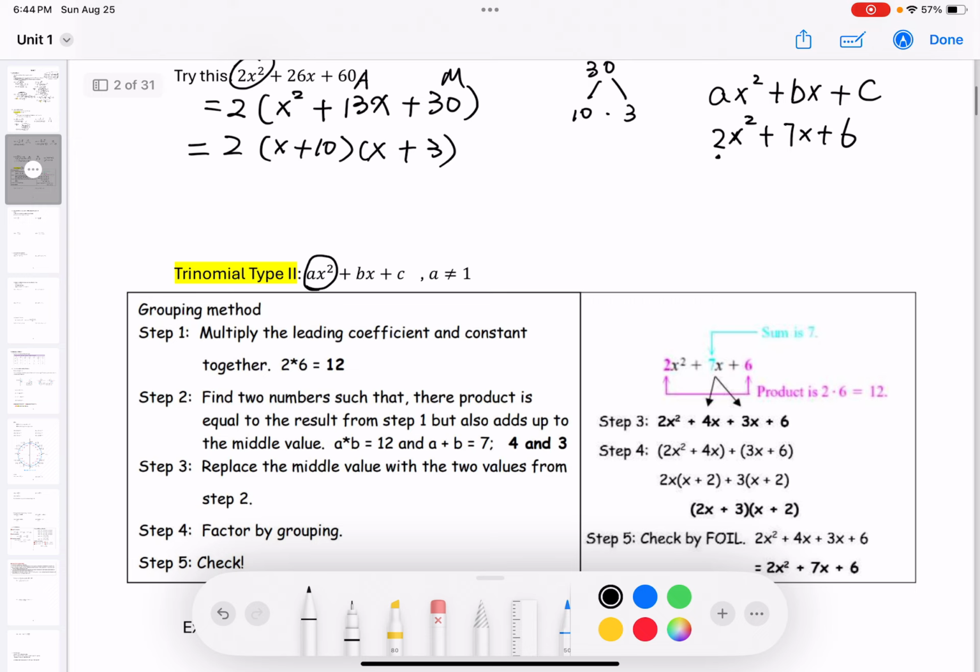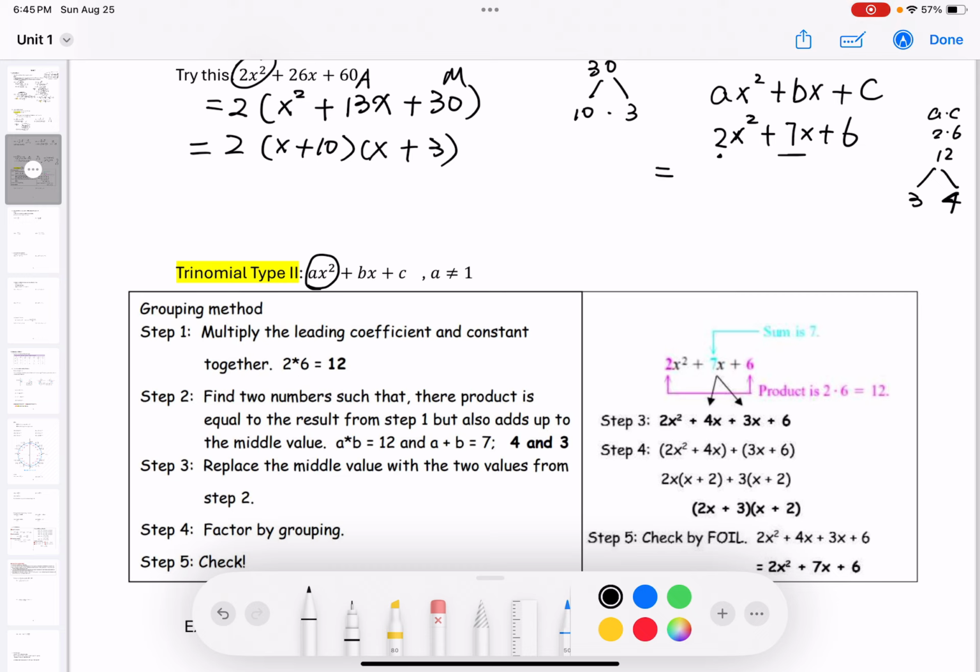AC method, find the multiplication between a and c. A times c is 2 times 6, which is 12. Find two factors whose addition makes 7, makes b. So 12 equals 3 times 4. Addition makes 7.